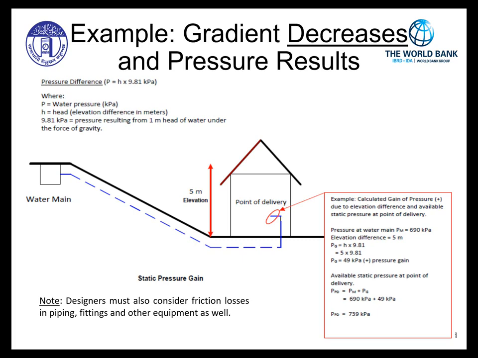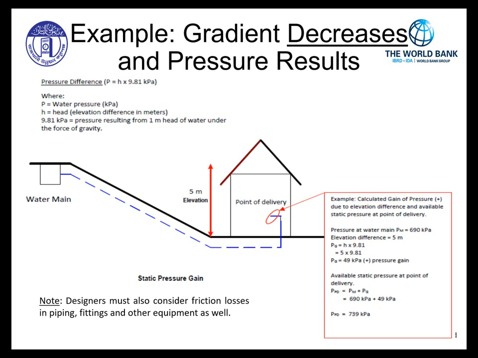As indicated in our example, calculate gain of pressure. It's going to be positive due to the fact that we have gravity and we have a lower elevation at the point of delivery below the water main. The pressure at the water main, again, is 690 kilopascals. The elevation difference is 5 meters.